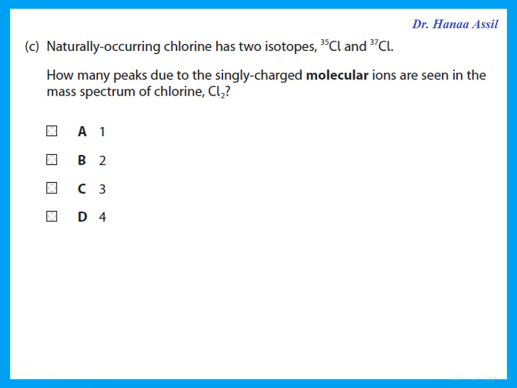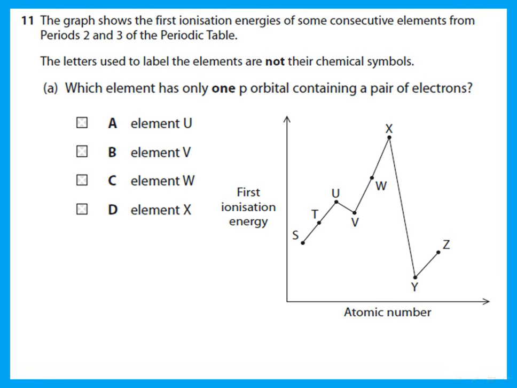Well, if I have two chlorines, either both of them are 35, so that will give one molecular ion at m over e of 70, or both chlorines are 37, so that will be another peak at m over e 74, or one of them is 35 and the other is 37, and that will give a peak at 72. That means I have 3 molecular ion peaks in the mass spectrum.